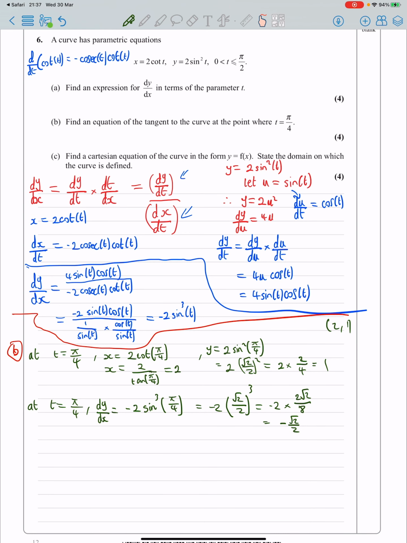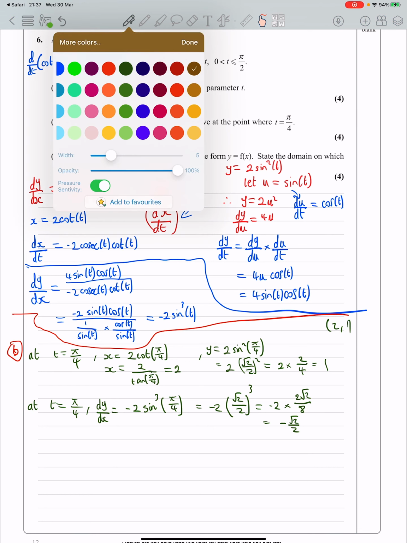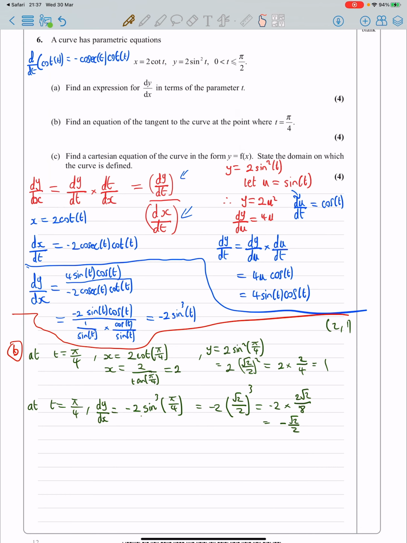We know the coordinate. So our equation of our tangent is going to be, let's use brown, y equals mx plus c. We know our gradient is equal to minus root 2 over 2. So it's y equals minus root 2 over 2 x plus c. And to work out what the c is, we need to use the coordinate 2, 1.